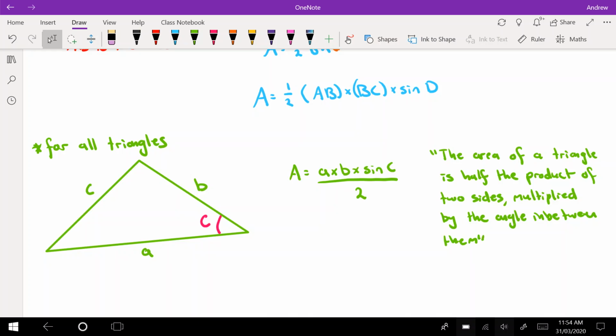So if you have a triangle and you have two sides and the angle in between them, you can find the area of that triangle using the area rule, okay? Really quite straightforward.